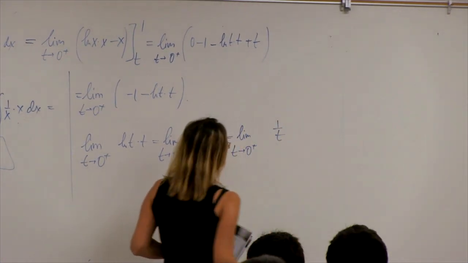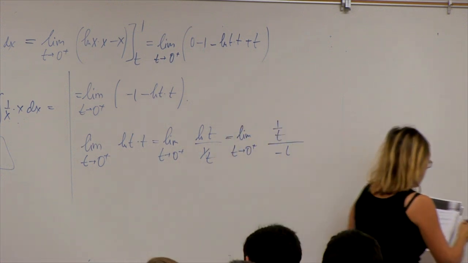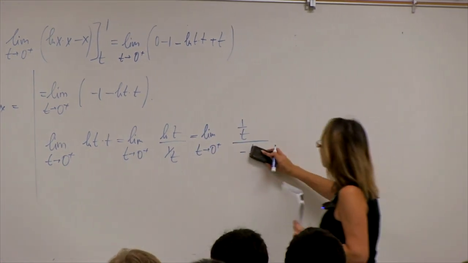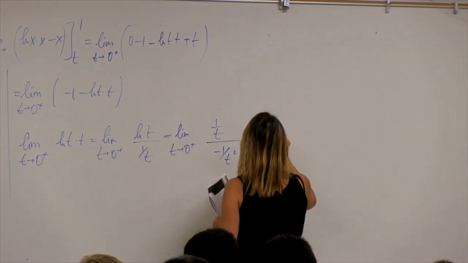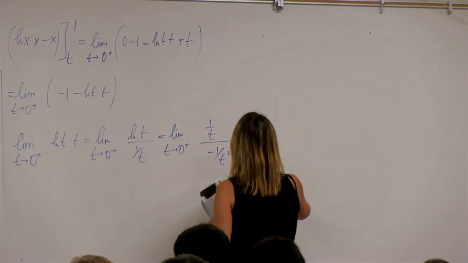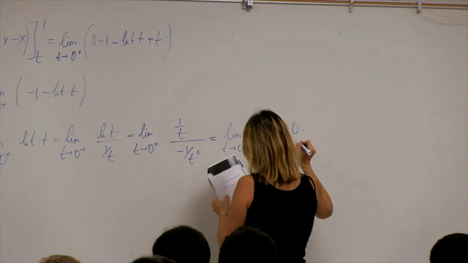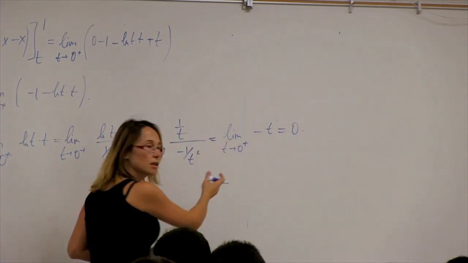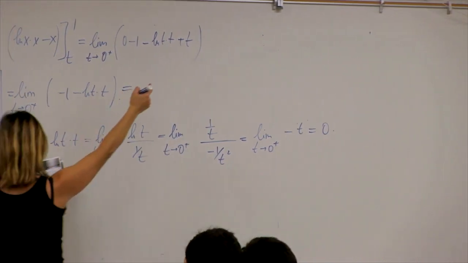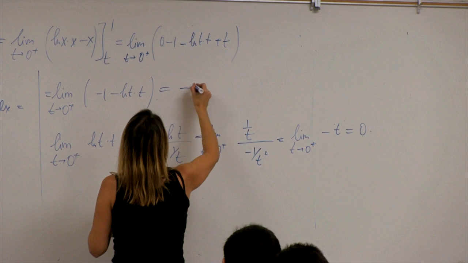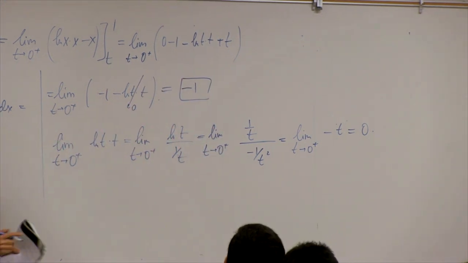The log, when I differentiate, is 1 over t, and this is minus 1 over t squared. Finally, I simplify. I have minus t, so that's 0. So when I evaluate the limit, my answer is minus 1, because this guy goes to 0 by L'Hopital's rule.